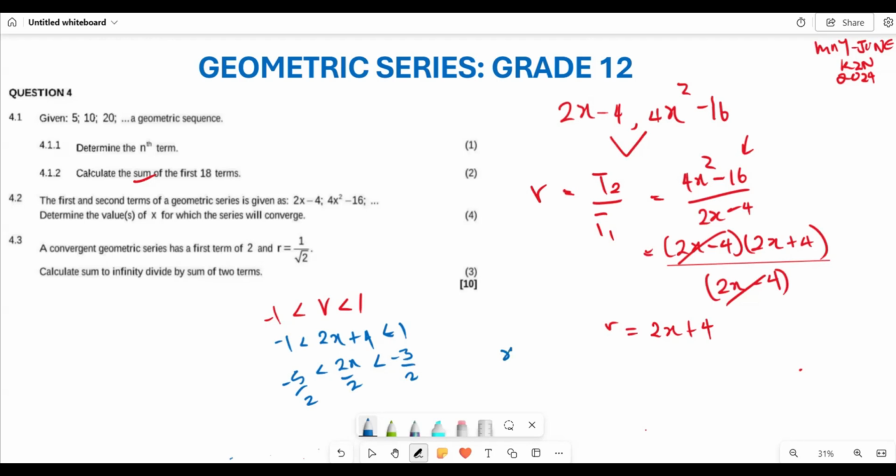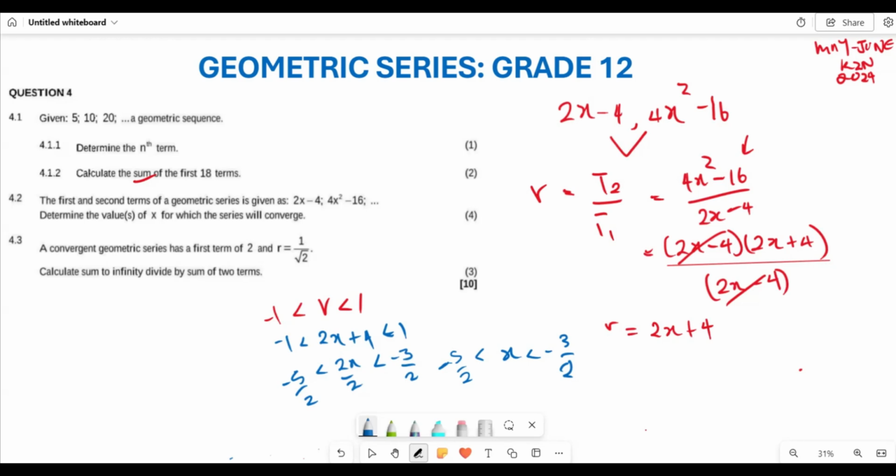So the value of your x that you are going to have here is where x is in between -5 over 2 and -3 over 2. Are we fine, right? So basically that's what we are going to have here as the value of our x. Are we fine, right?